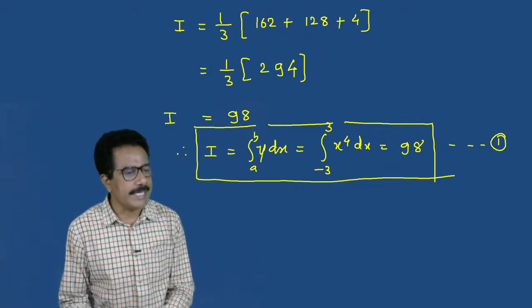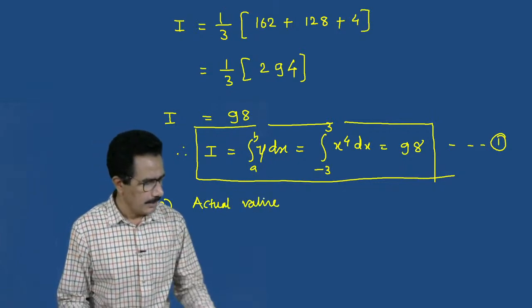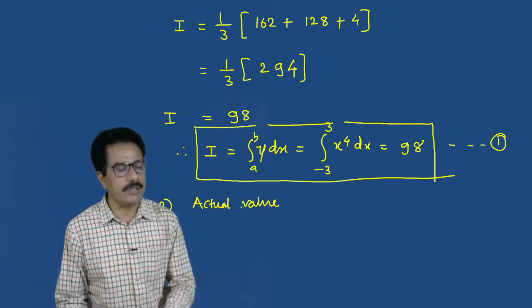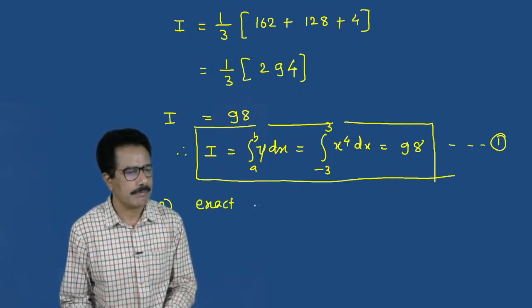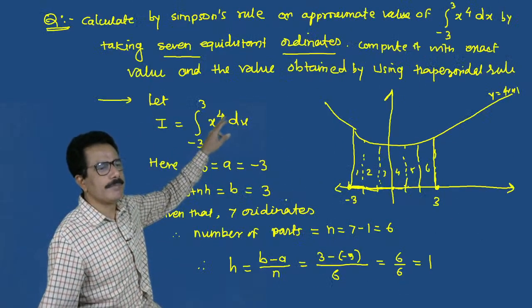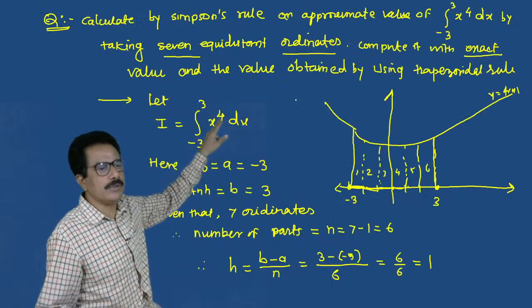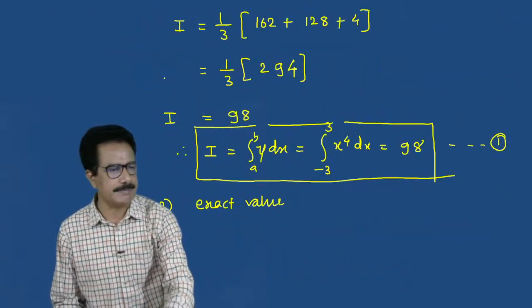Now we can calculate the actual value, or we can write the exact value, because we have to find also the exact value. Exact value means direct by method of integration.